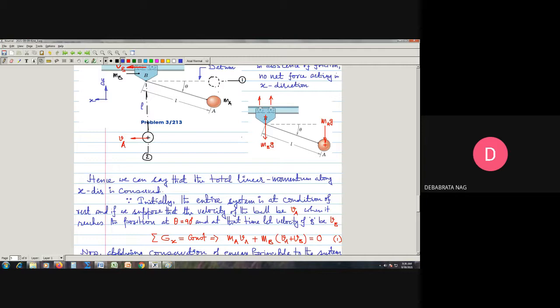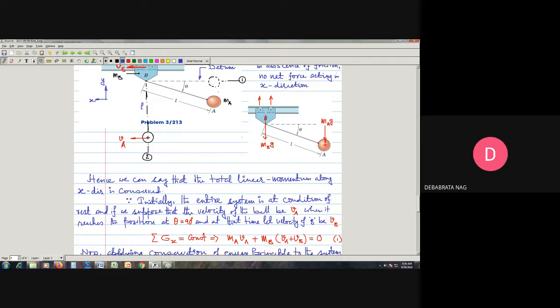We assume both of them to be positive, and we say that this is VB. Now we have to remember that this VA will be the velocity seen by an observer who is standing in the trolley.